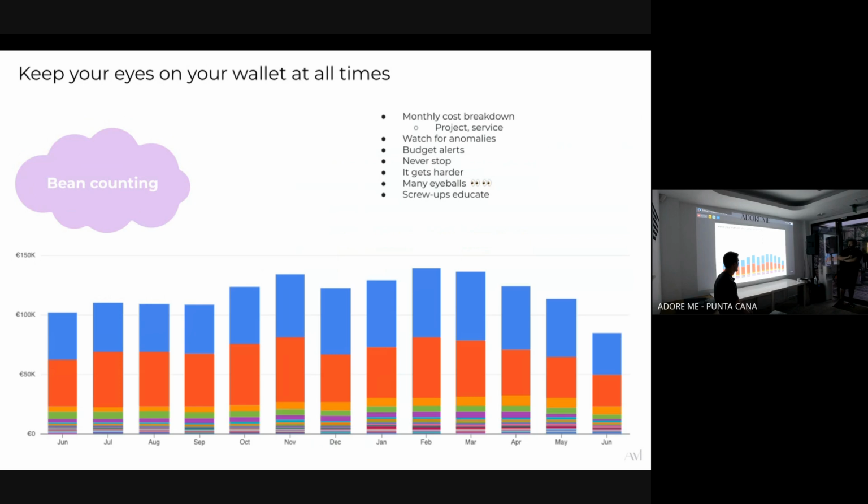And we do the breakdown of the previous month by project, by service. This is an actual cost breakdown of our last year, and you can see it's, I don't know, 100 to 150 monthly, and it's BigQuery and compute, the big buckets.